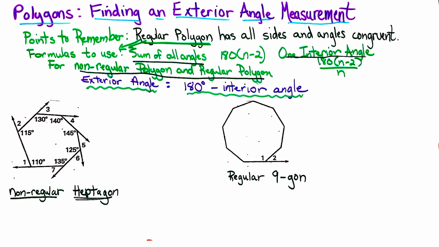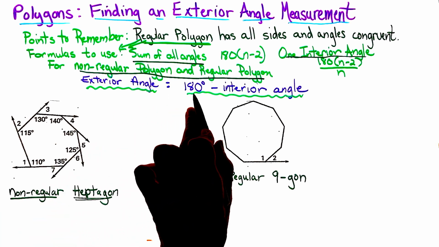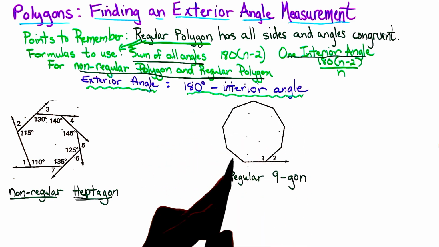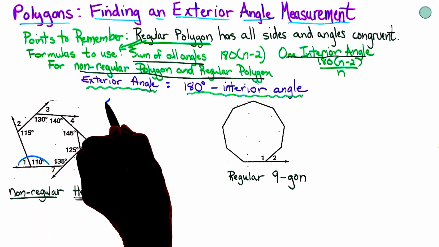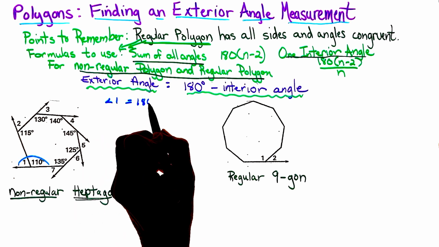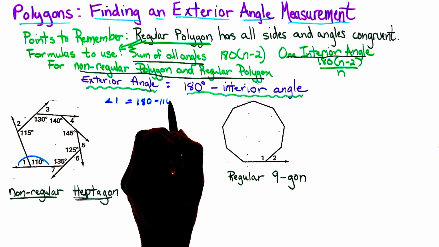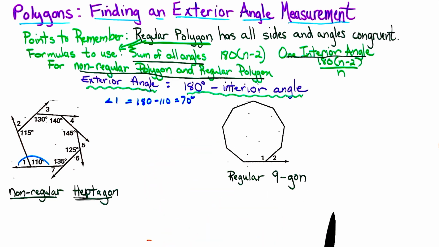So what we're going to need to remember is that the exterior angle is equal to 180 minus the interior. So notice this. This is what we call a linear pair. And we know for angle 1, and when I write angle 1, that little mark means angle, we're going to do 180 minus 110. And we end up for angle 1 being 70 degrees.